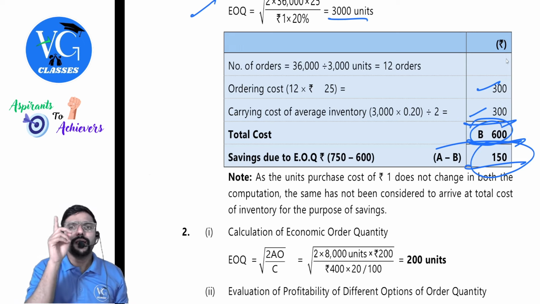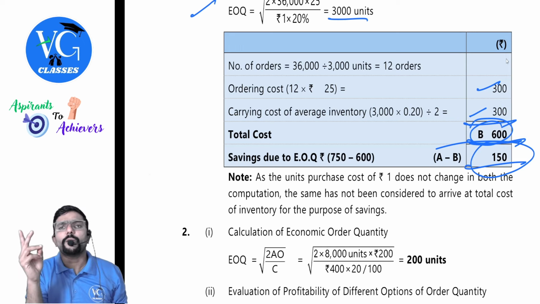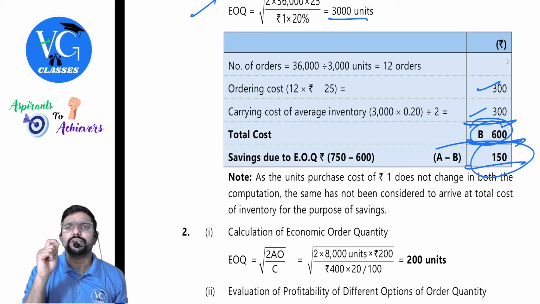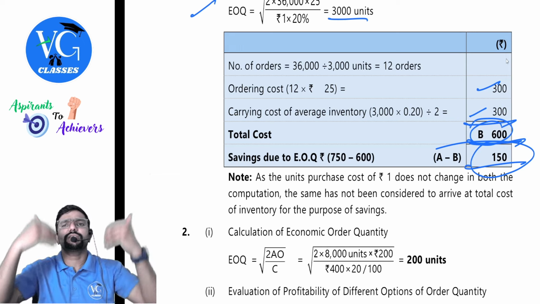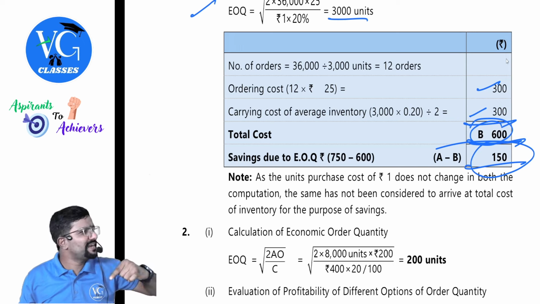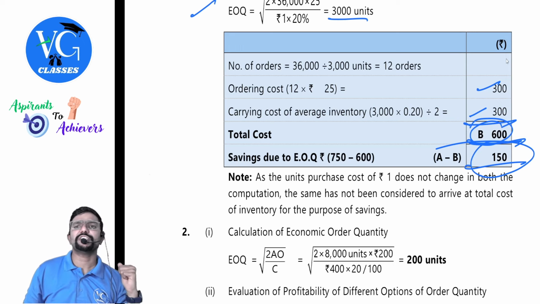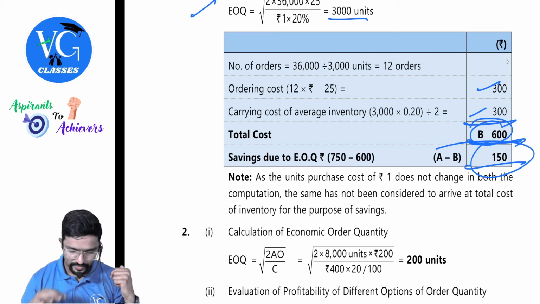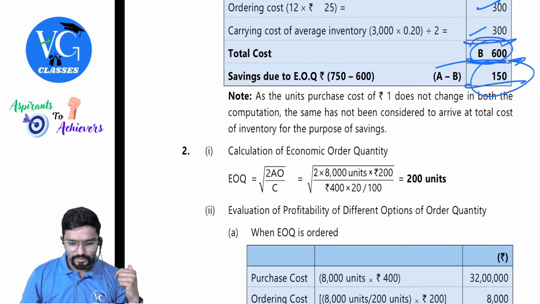Okay, whenever a cost is not changing under two options, we call it an irrelevant cost, guys. Now, sir, should I go with 6,000 or 3,000? Will the purchase price affect my decision here? No, it will not affect my decision. So that is why we call it an irrelevant cost, guys. Okay.